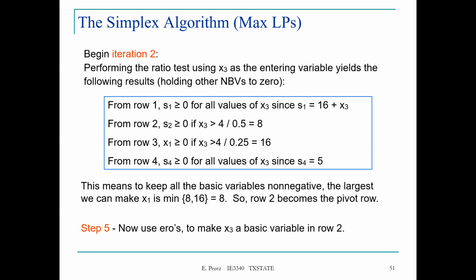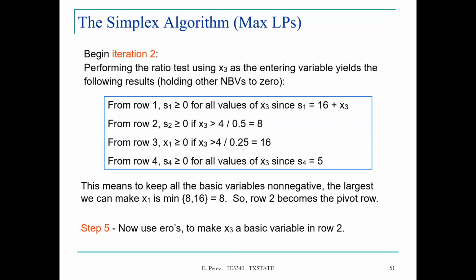s1 has to be greater or equal to 0 for all values of x3, since s1 is going to be equal to 16 plus x3. From row 2, s2 is greater or equal to 0 only if x3 is less than 4 divided by 0.5, which is equal to 8. And for row 3, x1 is greater or equal to 0 if x3 is less than 4 divided by 0.25, which is equal to 16.